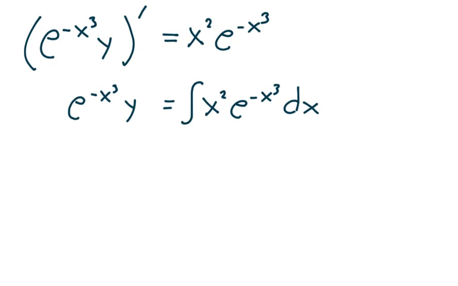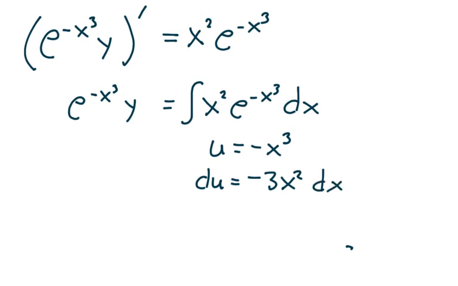Now, from here, if we need to, we could do a u substitution. That's fine. So I'm going to let u be negative x cubed. So du is negative 3x squared dx.